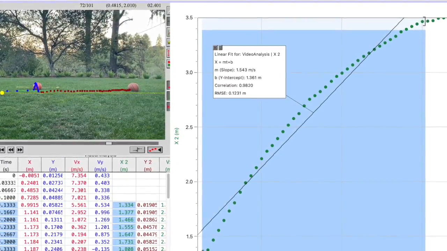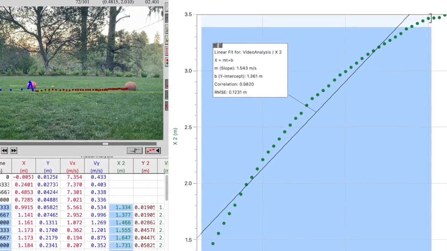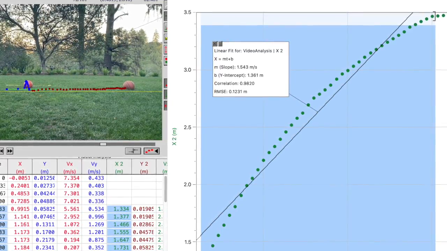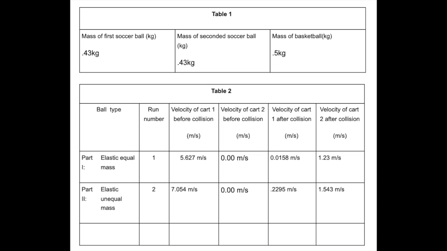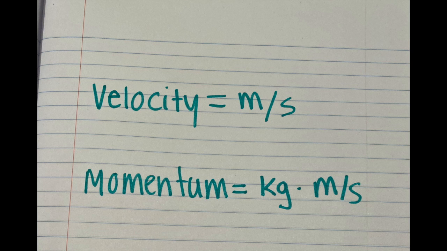I used the data from my Logger Pro analysis to calculate the velocity of both balls before and after the collision using the first equation shown. I then used this data to find the total momentum of each ball before and after each collision using the equation for momentum.